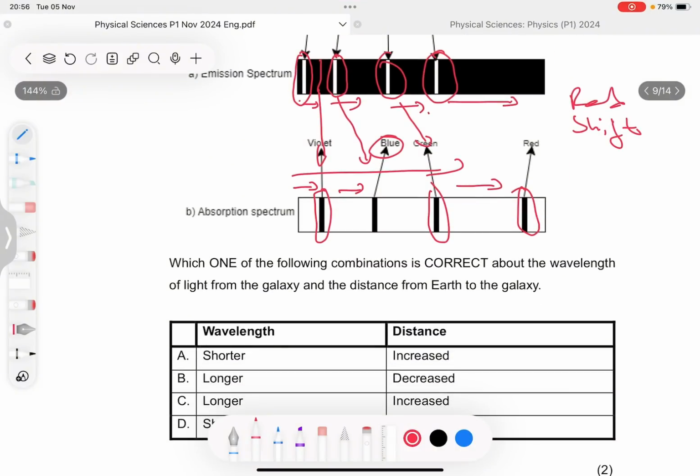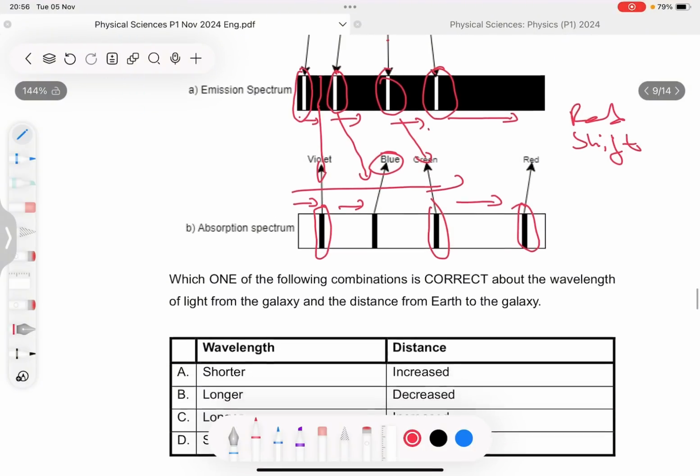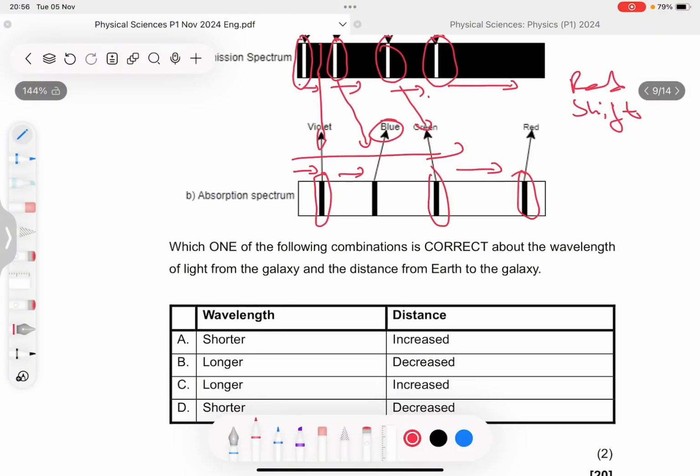Now, let's see what they ask us in our question, because we have analyzed the situation and I think we are pretty much ready to answer any question that comes our way. They say here, which one of the following combinations is correct about the wavelength of light from the galaxy and the distance from Earth to the galaxy? So two things. What can we say about the wavelength?